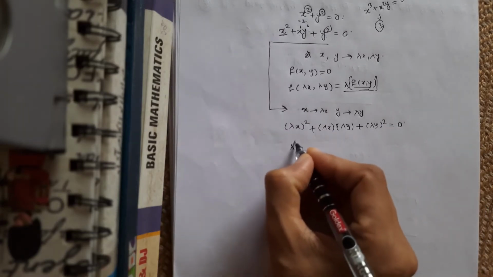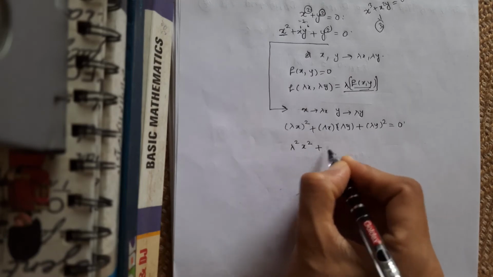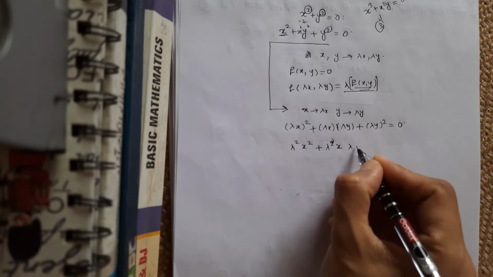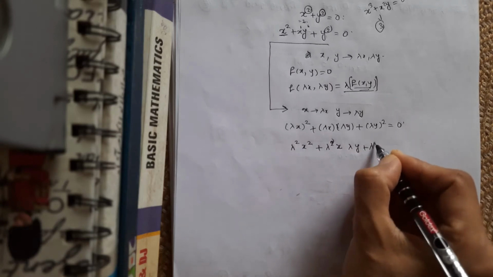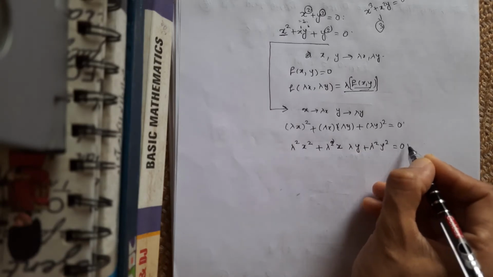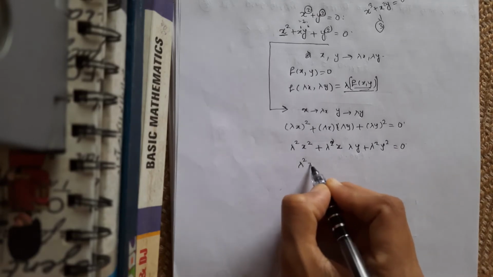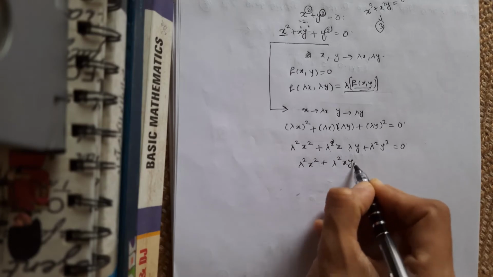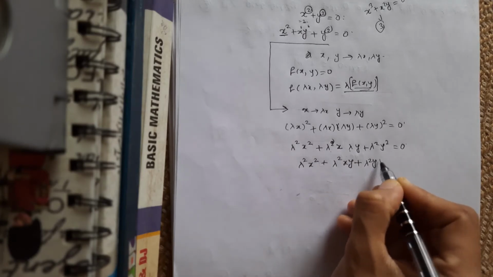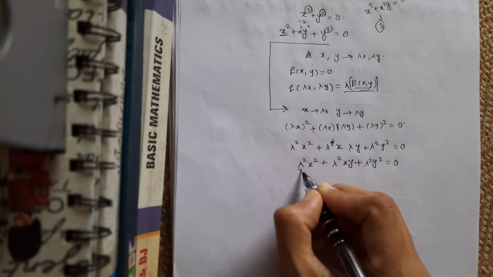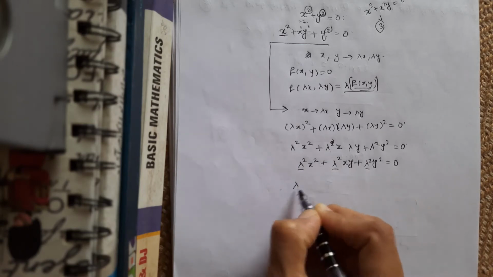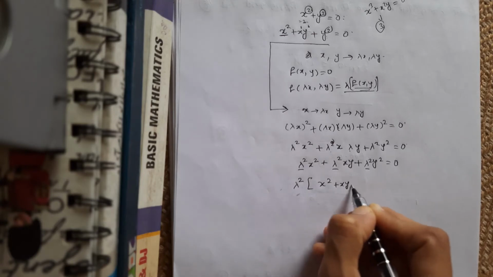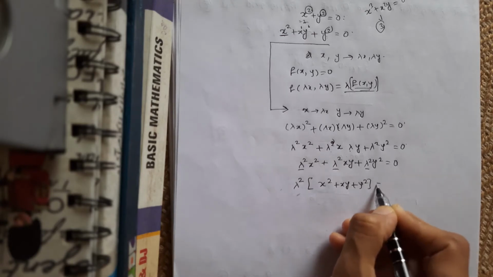Lambda square x square plus lambda square xy plus lambda square y square equal to 0. Now I can take lambda square common from each term. What will I get? x square plus xy plus y square equal to 0.